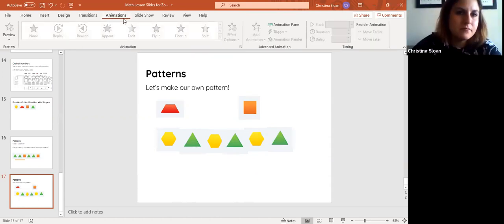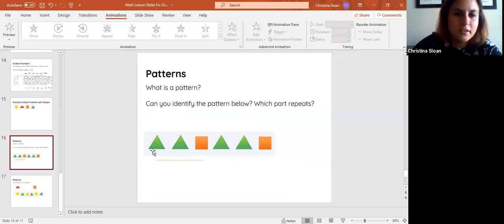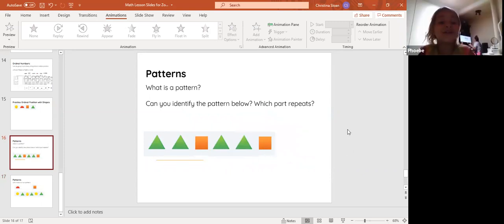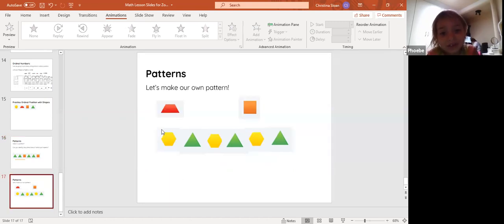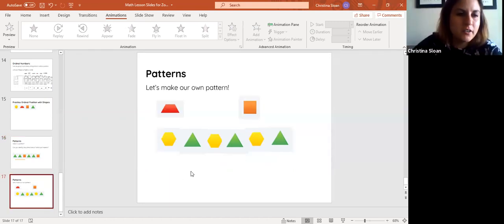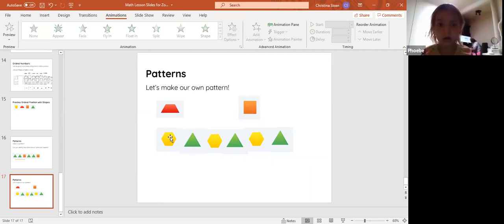Remember chunk, when we looked back here, this was a chunk, the chunk that repeats. Triangle, triangle, square. So what's the chunk? What's the part that repeats over and over? Triangle and what else? The hexagon.